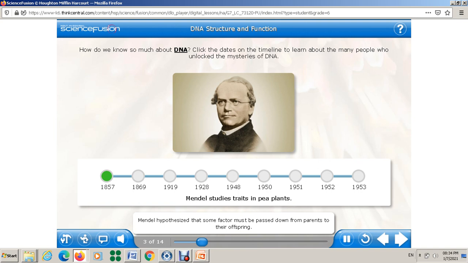Mendel hypothesized that some factor must be passed down from parents to their offspring. So Mendel said there is a factor, but he didn't know what that factor was. At the beginning, they thought it was a protein. Let's continue.